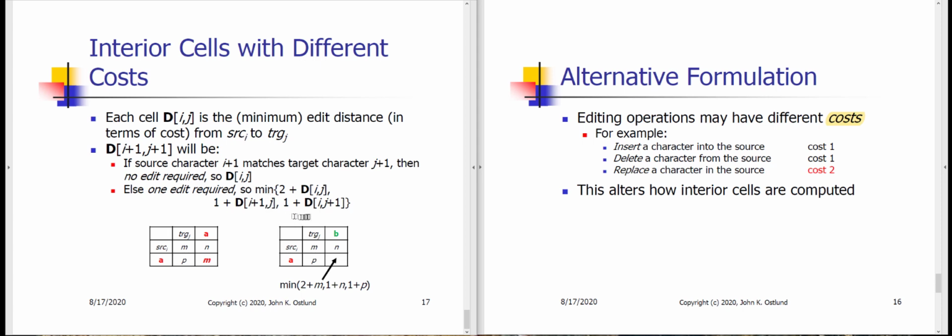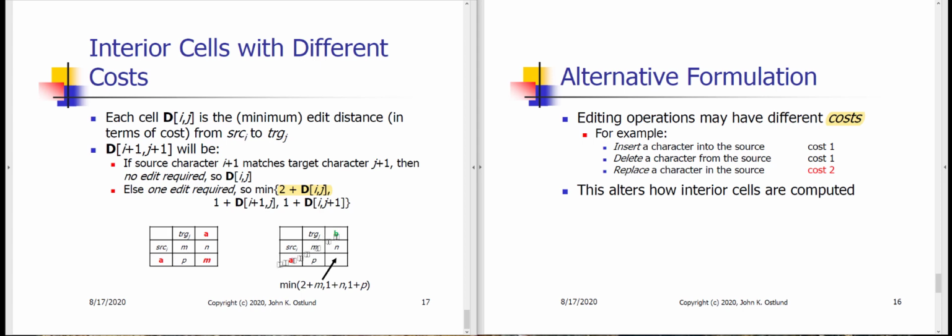And so if it's twice as expensive to do a replacement, then if we don't have to do any editing at all, that's still free. So if we have the next 2 characters to extend the target prefix and the source prefix, if those characters are the same, then it's 0 cost to extend those 2 prefixes.